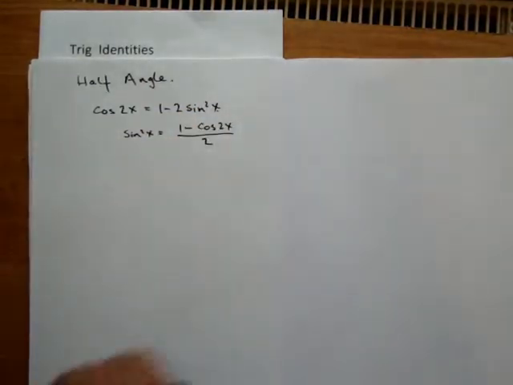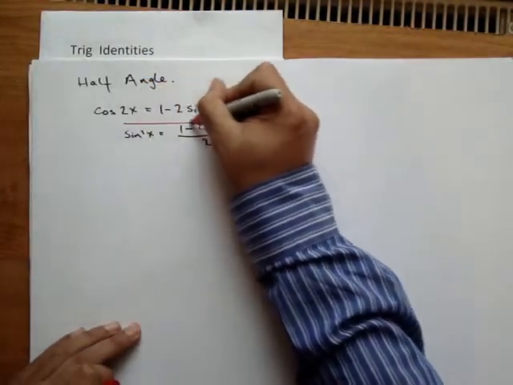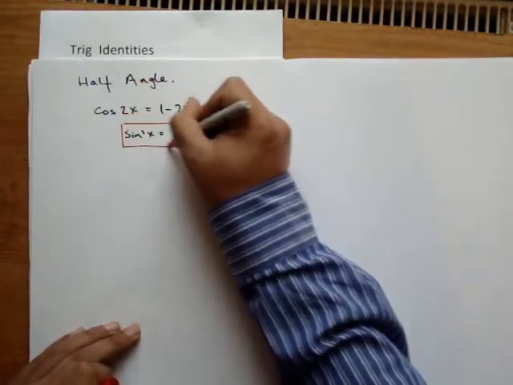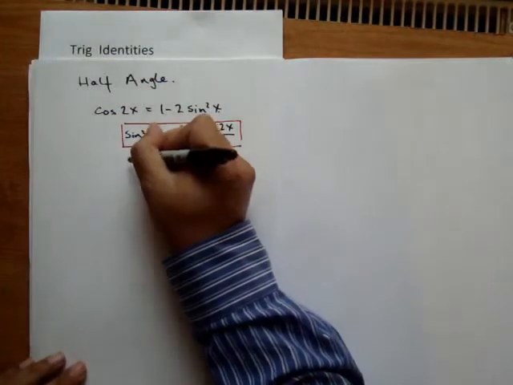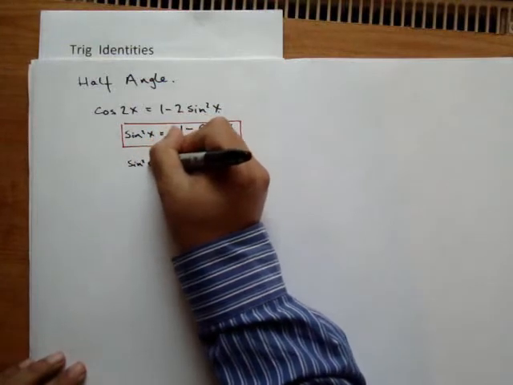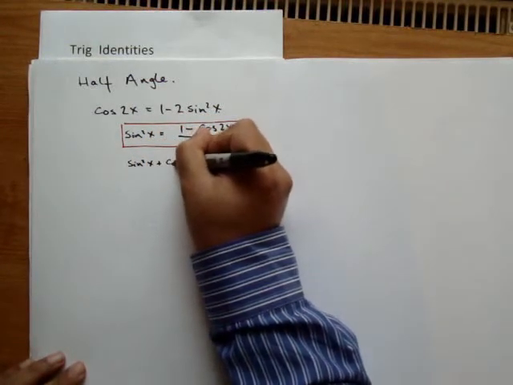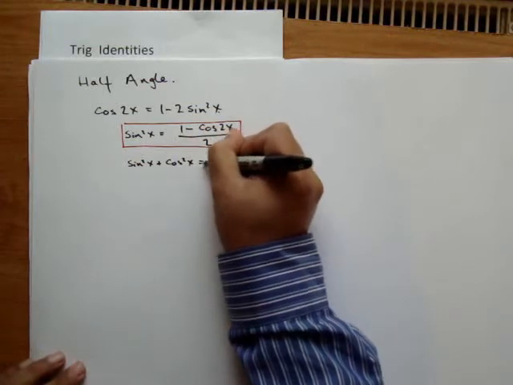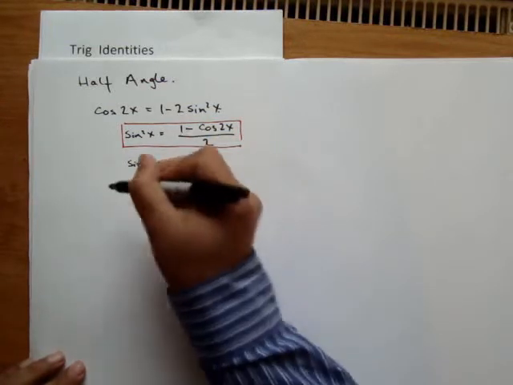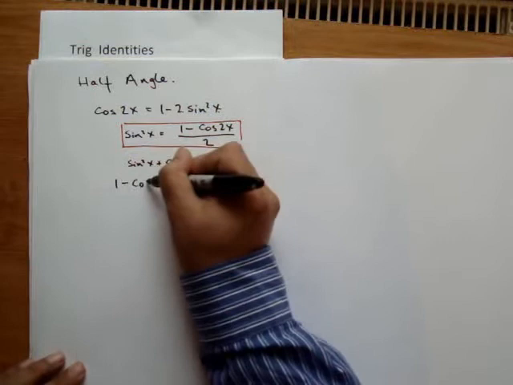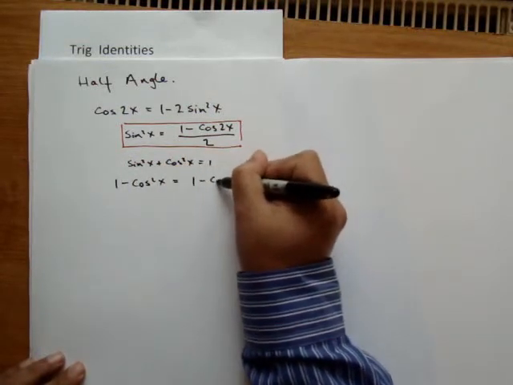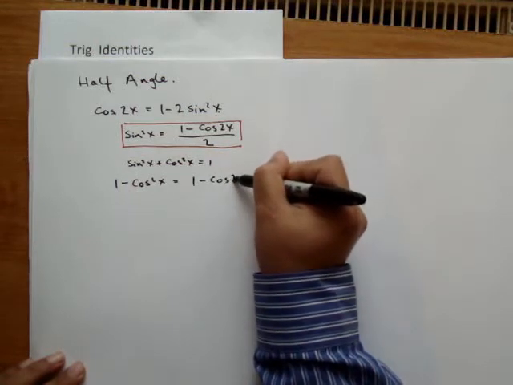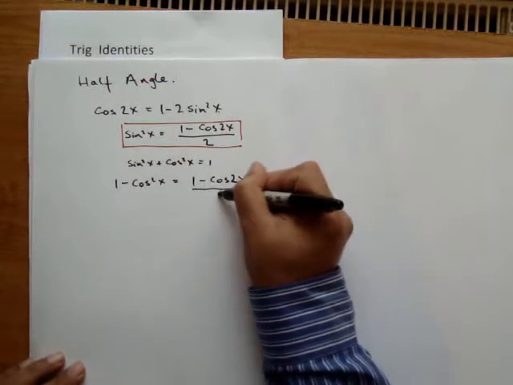So that's the first of our half angle identities.